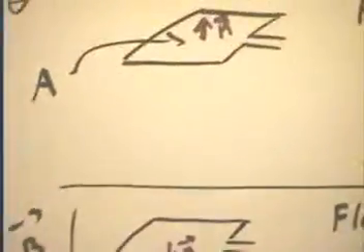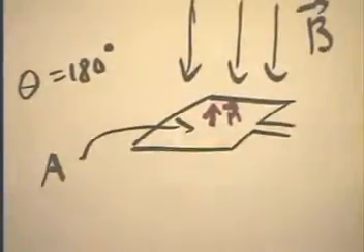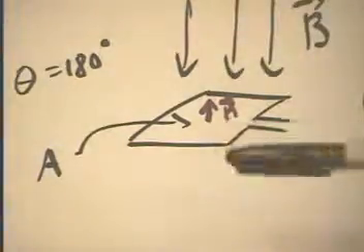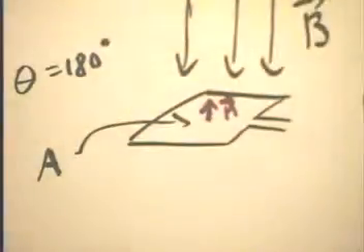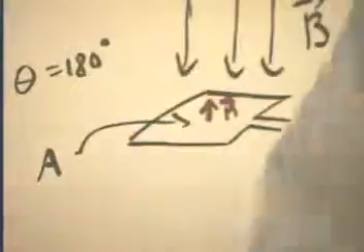Now if we continue rotating, we'll come back to this position again, where the normal vector is now opposite again in direction to the magnetic field, and we have the 180-degree angle again.